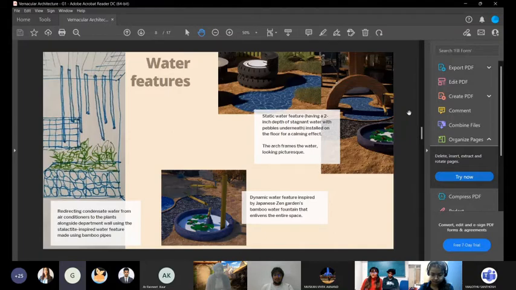We have proposed 3 water features in our design.